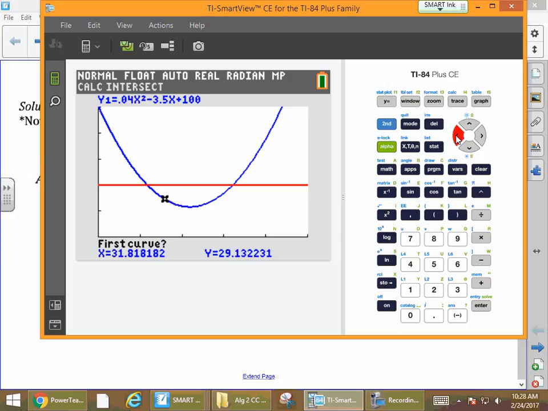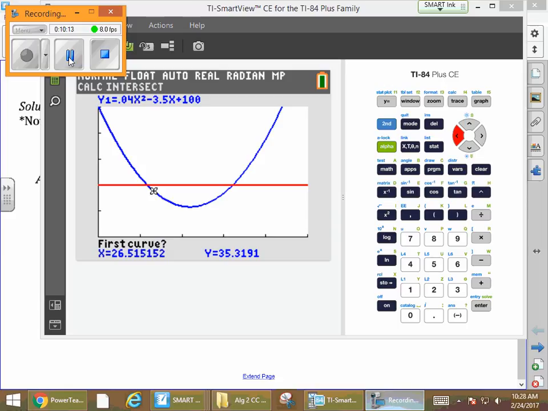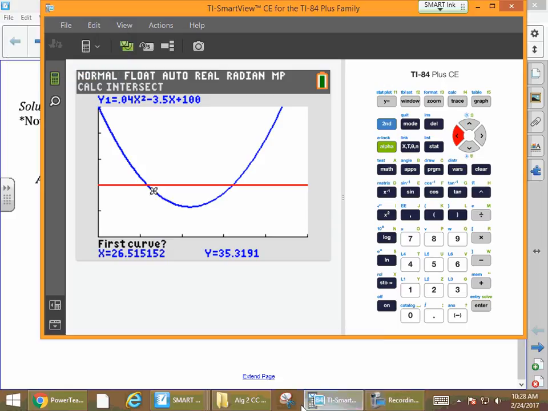But I lucked out today. Some were close. As we've gotten close now, we're going to hit enter. It jumps to the second curve, which is our red line. I'm not going to move it at all, hit enter. And then thirdly, we guess, and there we get our intersection of 23.4.